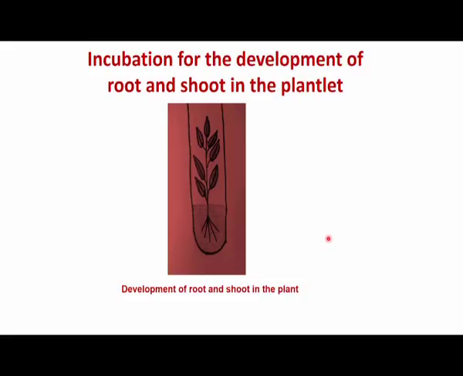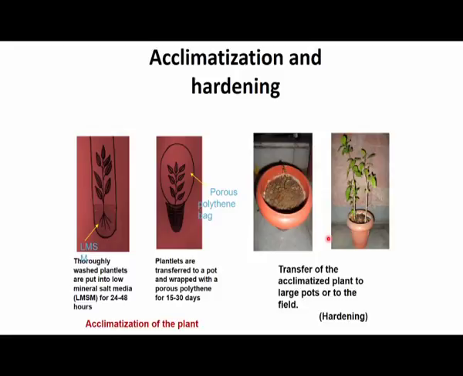And then you can take the tiny plantlets which you have developed in a test tube and put them into a pot, and you can cover this with polythene, because the plantlet is still not good enough to get its own immune system working so that it can fight foreign pathogens and other things.